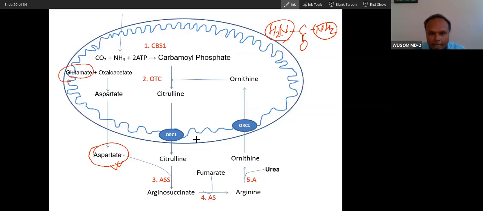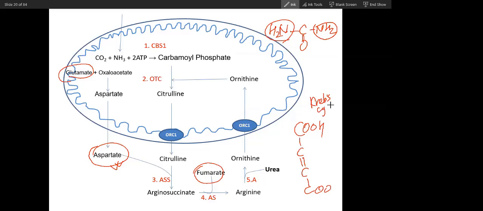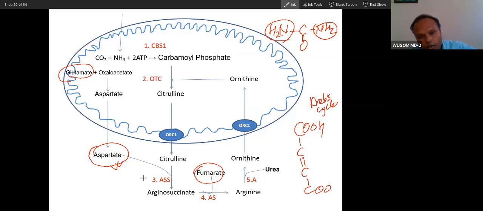Now this fumarate is a 4 carbon compound with a double bond. Do you know fumarate is a part of the Krebs cycle? So it will join the Krebs cycle. And oxaloacetate is also part of the Krebs cycle.